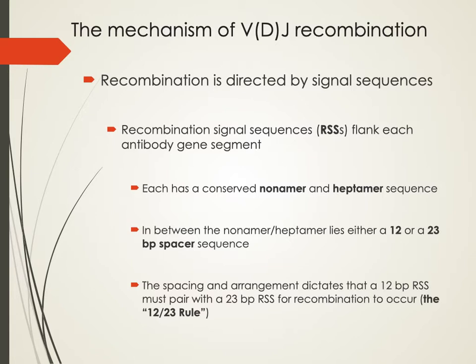So each one of these is conserved in either a nonamer or heptamer sequence, and then in between those lie these spacer sequences. Those spacer sequences are either 12 or 23 base pair spacer sequences. And so that's what ends up being our recombination signal sequence.